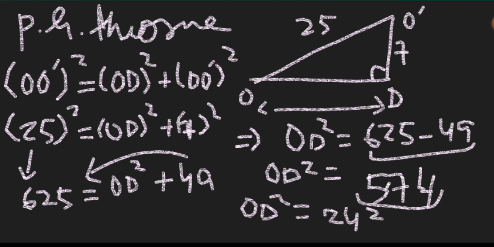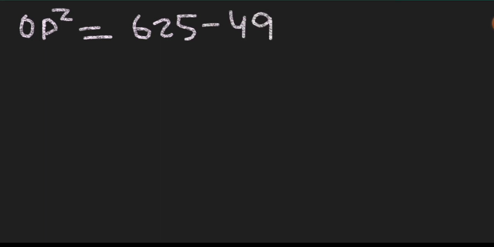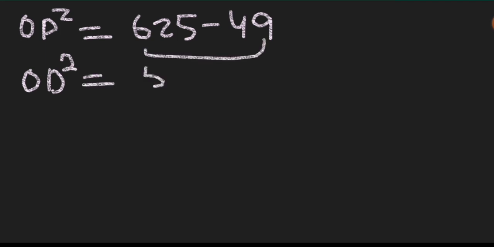Let's take the question to another page. Here OD square is equal to 625 minus 49. We can write OD square is equal to, this will be 576.